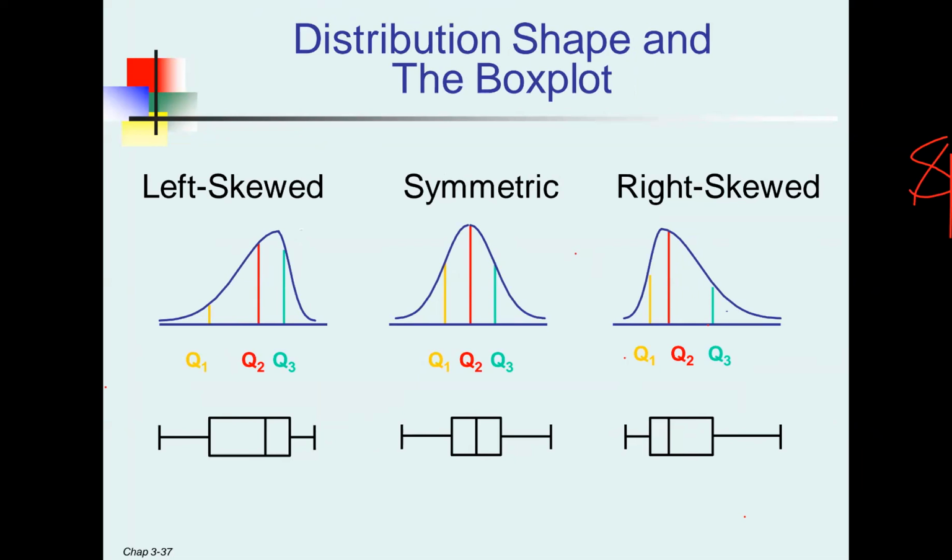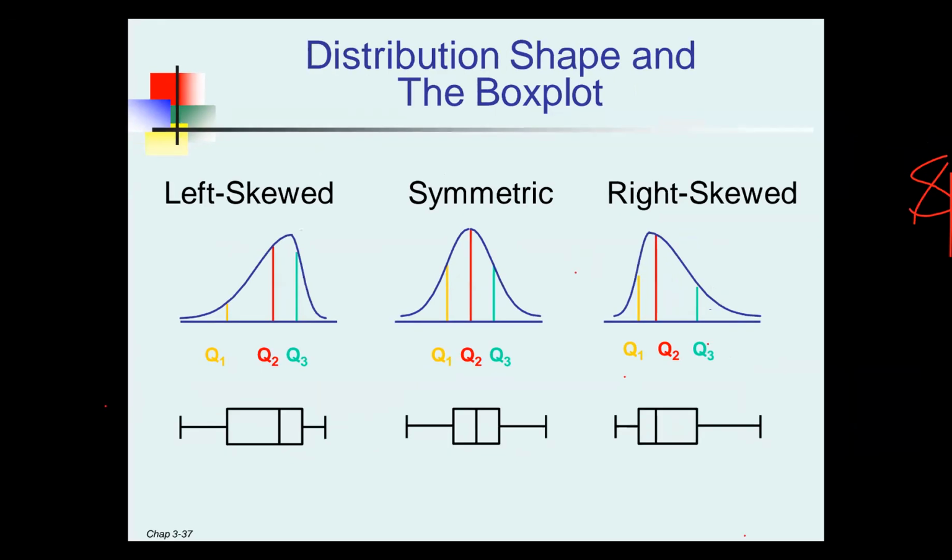Okay, so I was saying, the distribution of data can also be explained from the whiskers and box. If you find that the whiskers and box has the longest tail to the left, then you say that the data is left skewed.